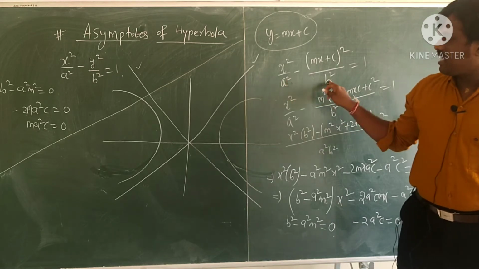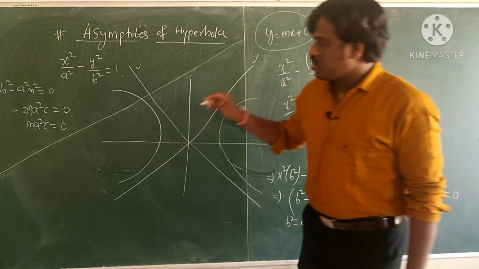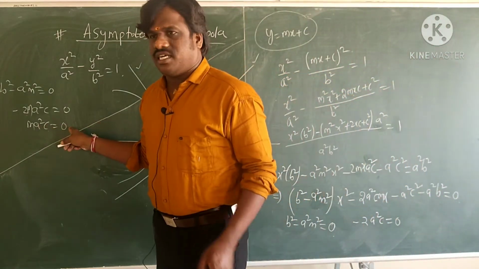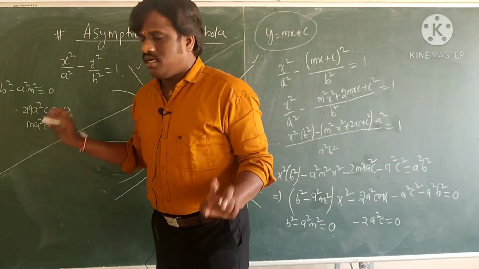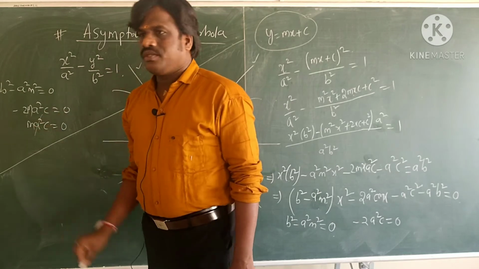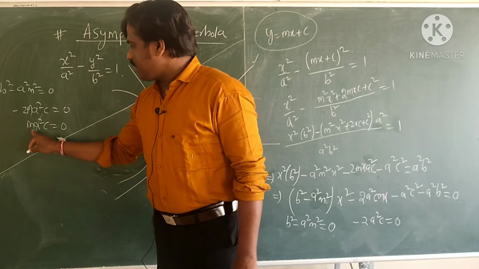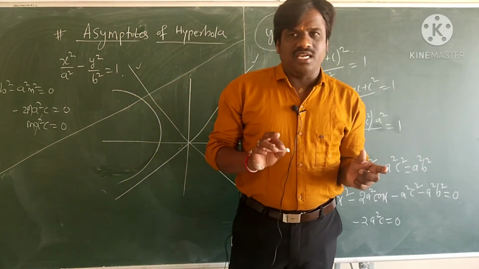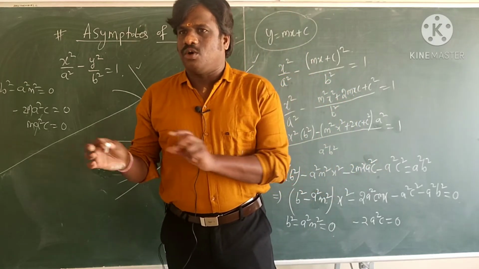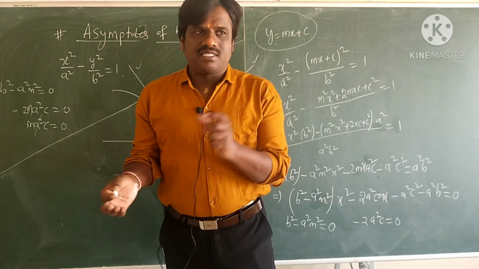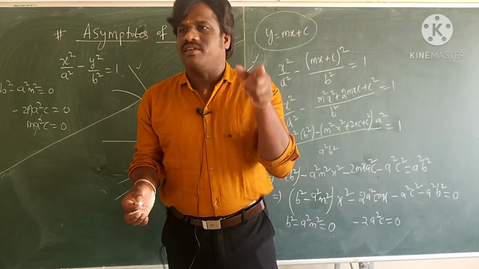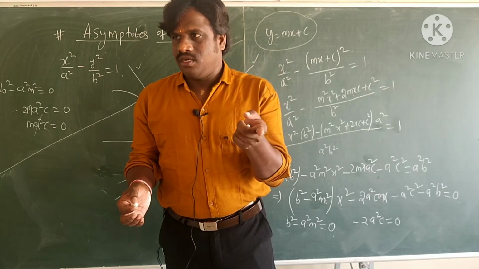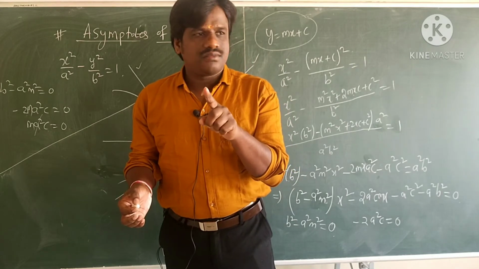So a, b cannot be 0 anytime. So a is not 0, I can send this side. If a is not 0, then something into something gives 0, it means that any one of them should be 0.